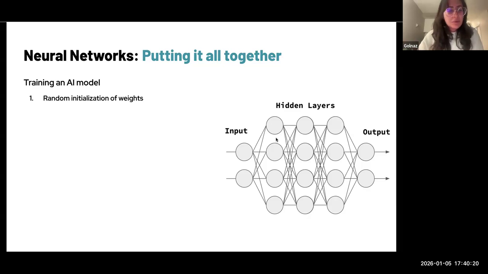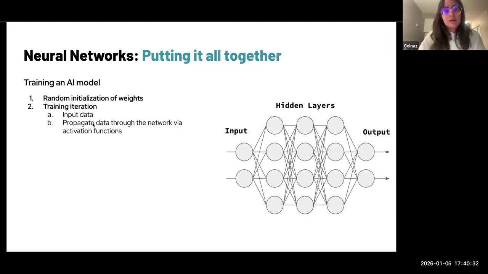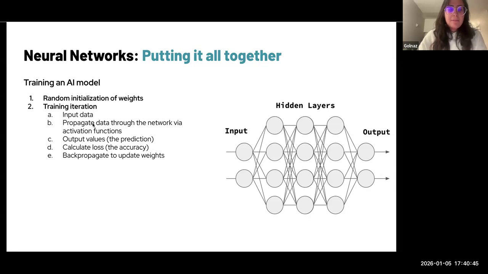So how the neural network works is it is randomly initialized with some weights because we don't know how the problem is solved. And to solve the problem, we go through training iterations, which is we take a couple of data, we calculate what the output of the neural network is based on that input. And once we have the output, we can calculate the loss. And once we have the loss, we can do the backpropagation or do the gradient descent, where you update the weights depending on how the loss changes.